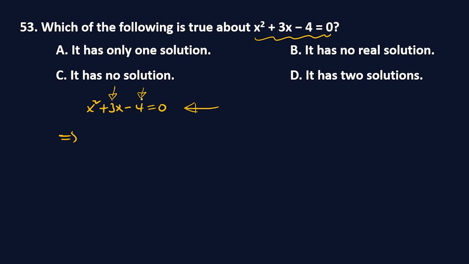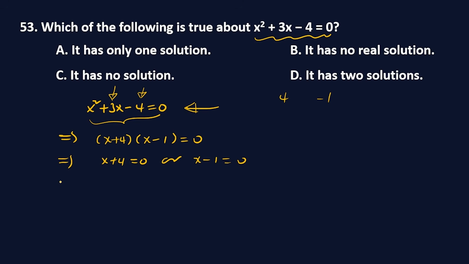The factorized form of this one is x plus 4 times x minus 1 is equal to 0. So this happens when x plus 4 is 0 or x minus 1 is 0. So in this case x becomes minus 4 or x becomes 1.